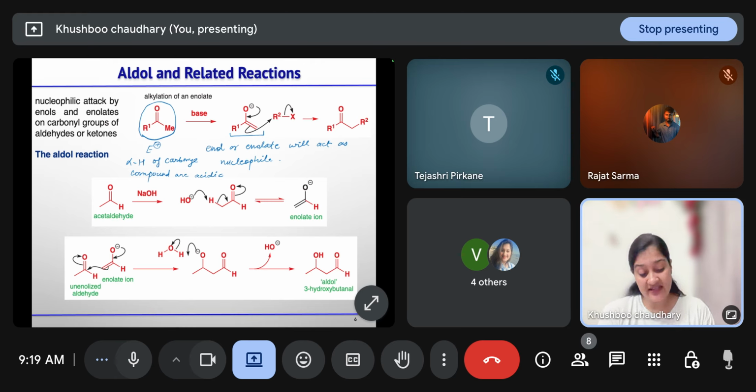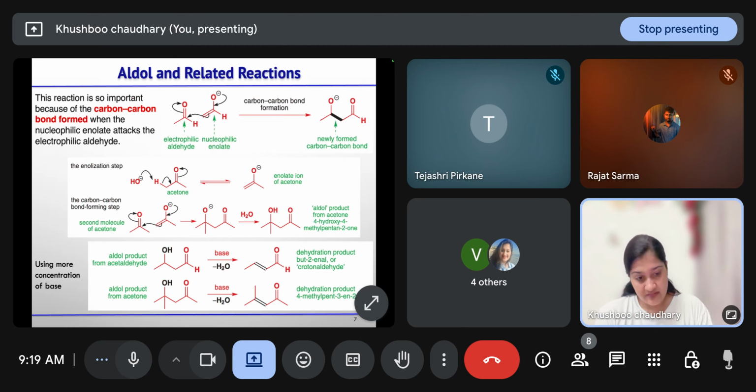This enolate is nucleophilic at the carbon center, and it can easily attack carbon electrophiles, for example alkyl halides, giving the alkylated product of the carbonyl compound.